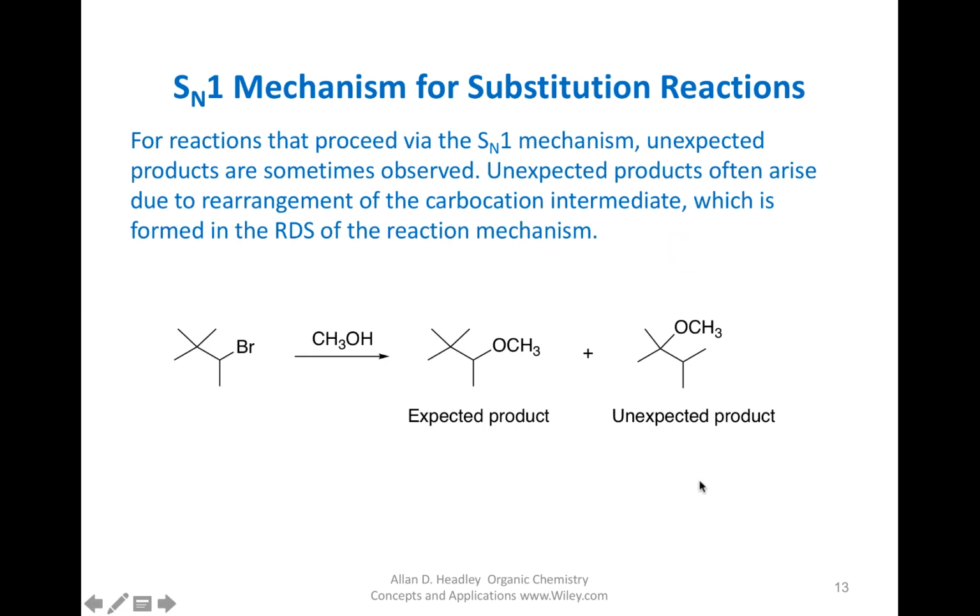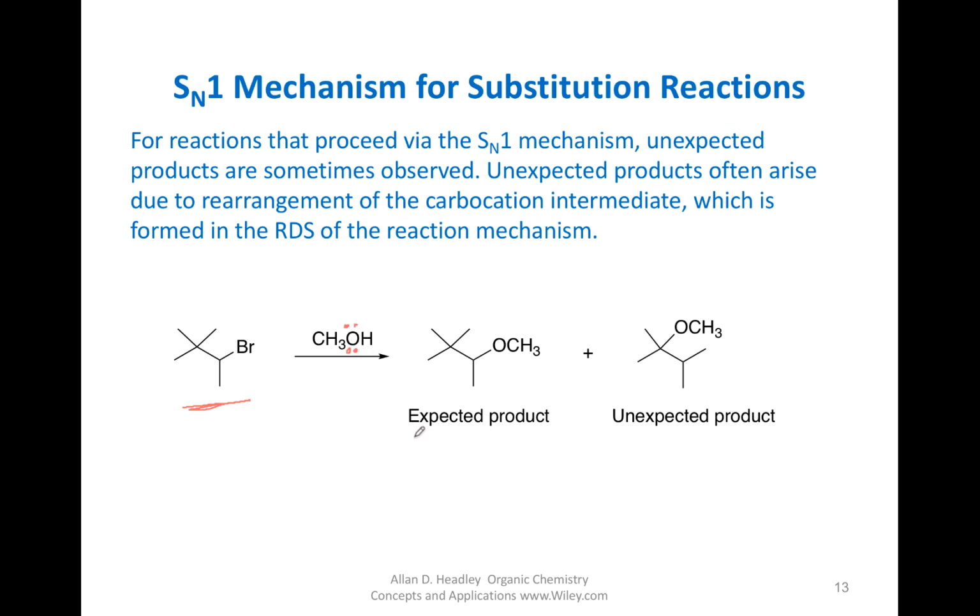Okay, let us concentrate now on unexpected products. You'll find this a lot for SN1 mechanisms. So let's look at this reaction here. So this is the electrophile. This is our nucleophile, again, because we have these two electrons here.